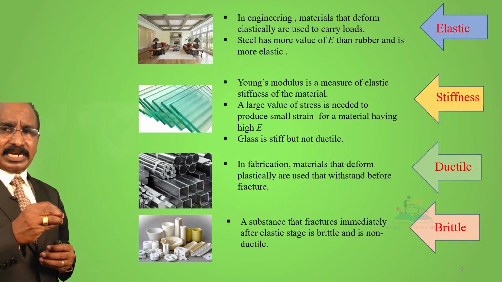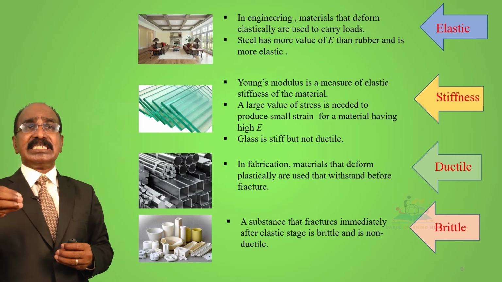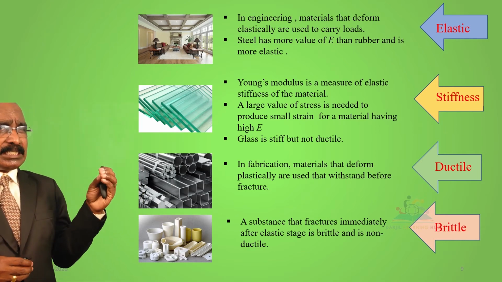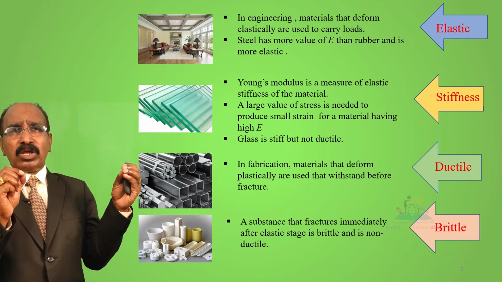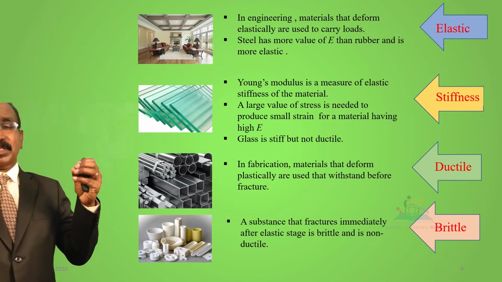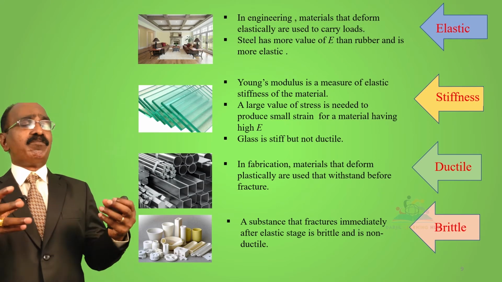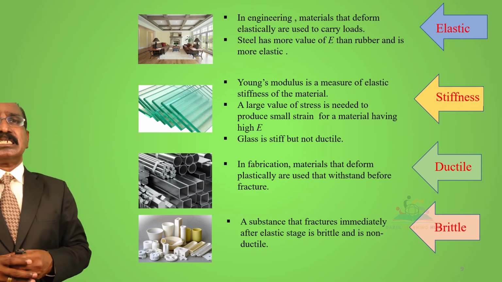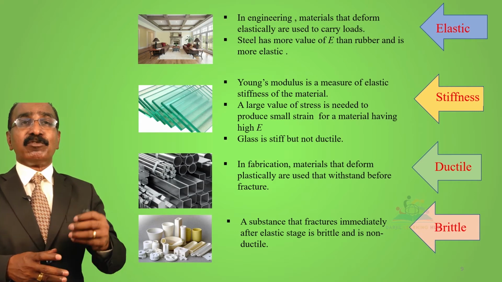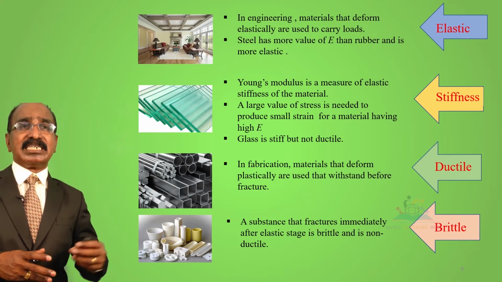Therefore, Young's modulus is a measure of elastic stiffness of the material. A large value of stress is needed to produce a small strain. Therefore, these materials will be very stiff. Stiff materials, glass is one of the examples. But that won't be very ductile. It will not be ductile.